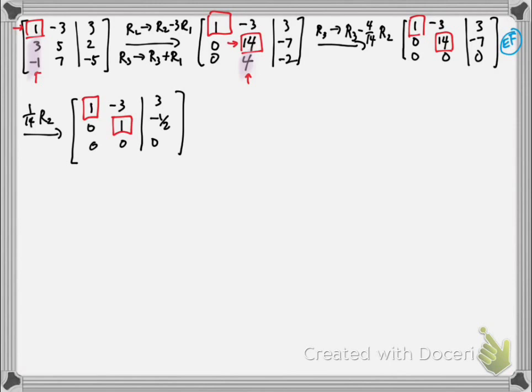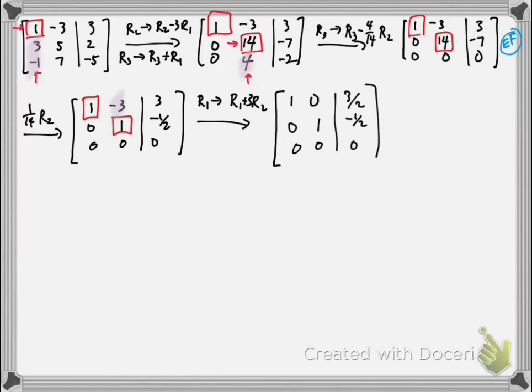There's my 2 pivots. I'm going to use the 1 to kill the minus 3 above it. I can do that by taking row 1 and replacing it with row 1 plus 3 row 2. That changes row 1 to 1, 0, 3/2, keeps row 2 the same. And now there's my pivots, and I'm in reduced echelon form.